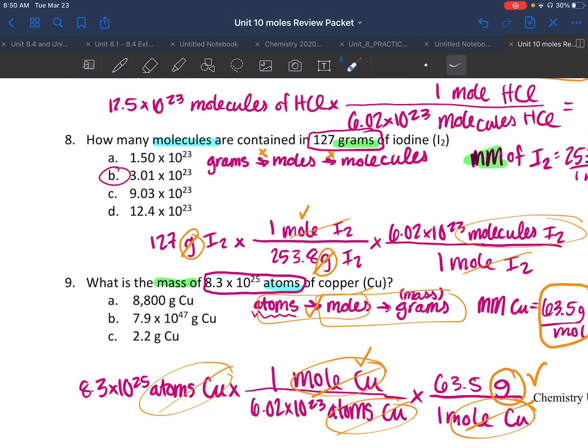If you take 8.3 times 10 to the 25, make sure you're putting parentheses around this whole thing in your calculator, dividing it by 6.02 times 10 to the 23rd with parentheses around it, then multiplying by 63.5, you will get an answer that makes you think, wait a second, my answer's not on here. It might be 8,750 something. But I just wanted to emphasize, because there's only 2 sig figs here, I could only have 2 sig figs in my answer. So A is the correct answer here.